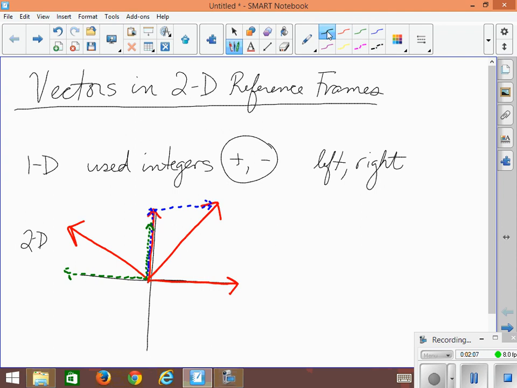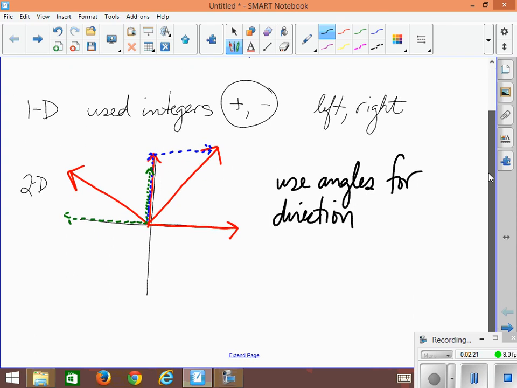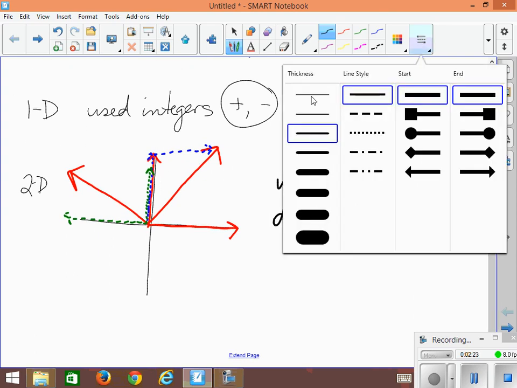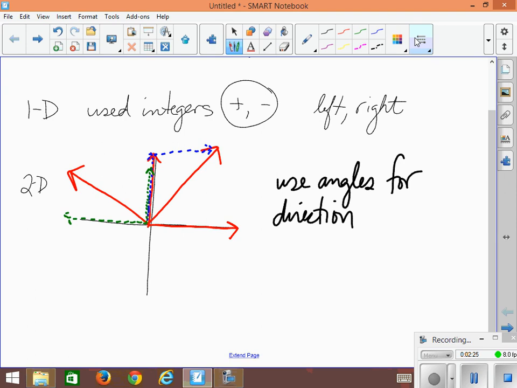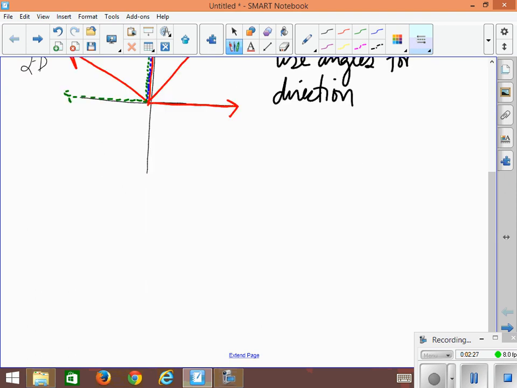Instead, what we do is we use angles for direction. So the plus and minus tends to disappear. And in order to use angles, we have to decide on a common reference frame and how we'll use our angles.